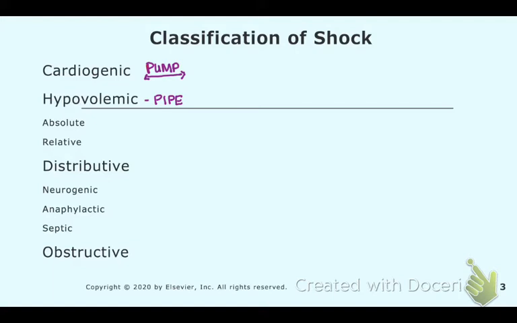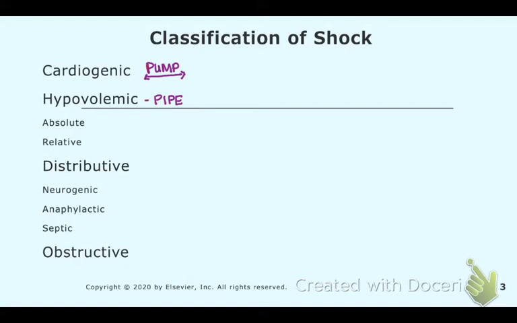So that's absolute. And then relative is just when the fluids shift. So think about your burns patients, or it could even be your ascites, like we talked about with the liver. And that fluid shift, basically third spacing, would be more of your relative.